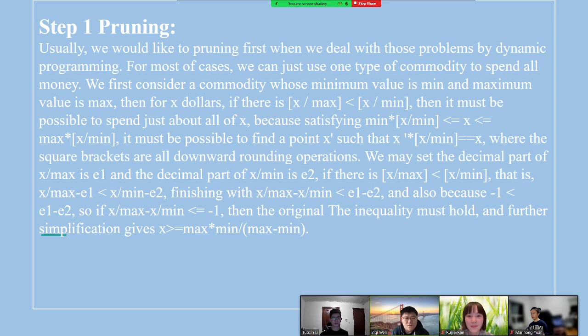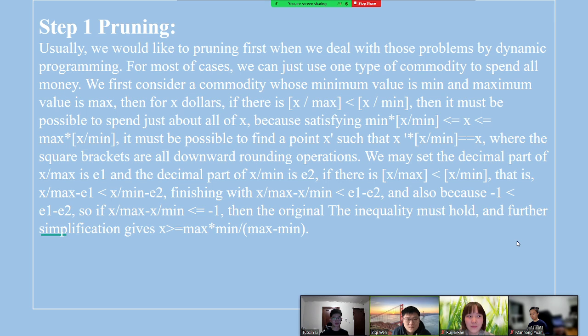Then for X dollars, if this condition holds, it must be possible to spend all of the X, because it satisfies min times floor(X/min) is smaller than or equal to X, and also X is smaller than or equal to max times floor(X/min). It's possible to find a new point such that X equals this new point times floor(X/min), where the square brackets are downward rounding operations.